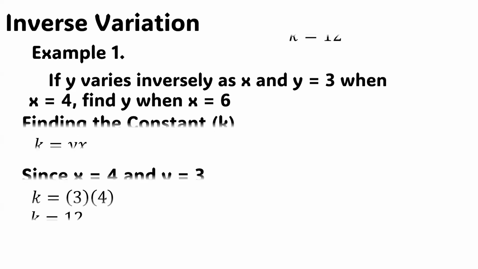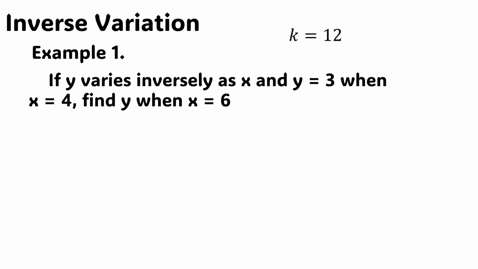So after we find this, we will go back to the equation. Sabi dito, find y when x is equal to 6. So yung equation natin, instead na y is equal to k over x, magiging y is equal to 12 over x. And since ngayon yung x natin is equal to 6, dinivide na natin 12 divided by 6. So y natin is equal to 2.